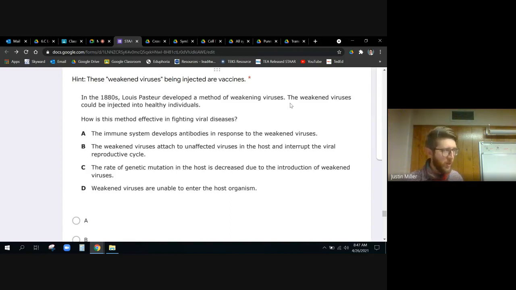so that if the real thing ever comes along, they will already know how to defeat it, and it'll defeat it faster. That's the idea. That doesn't always work, okay? You could get the vaccine, it's not immunity. You can get a vaccine and still get sick later from the thing.